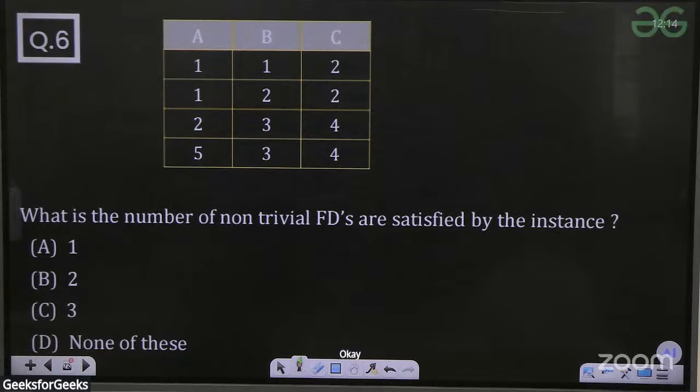Okay, Shreyash. Done? What is the answer?